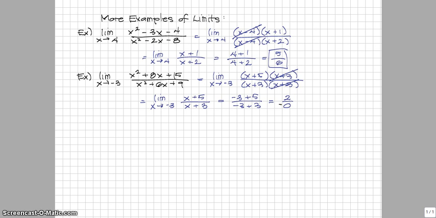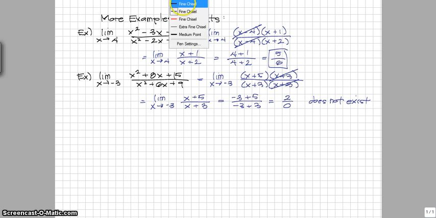I have something that's undefined when I try to plug in the value where I'm evaluating this limit. So this limit, even though it started in an indeterminate form, actually does not exist. And that's why when we start with an indeterminate form, we say that maybe the limit will exist. It's not always true that it will. Let's look at a couple more examples where it will, where we have a slightly different method we need to employ to find the limit.